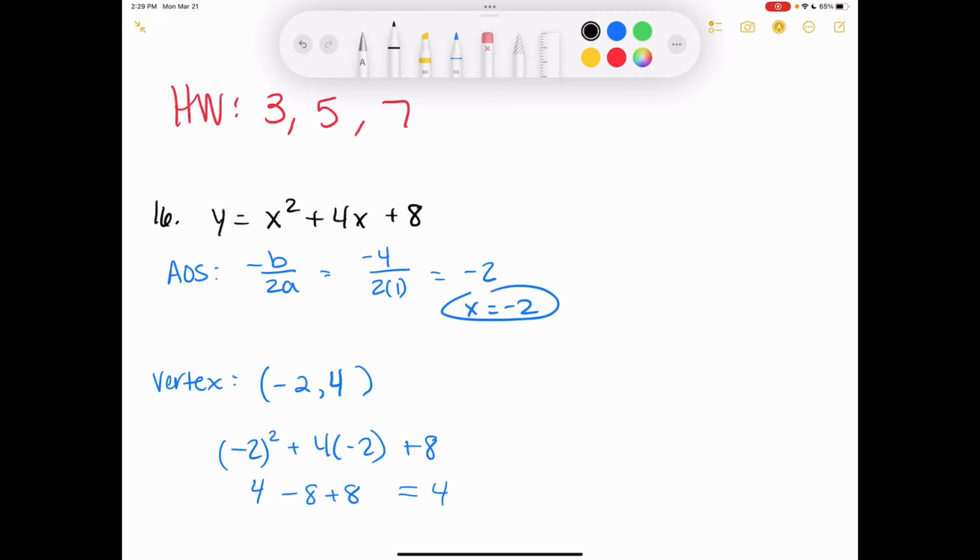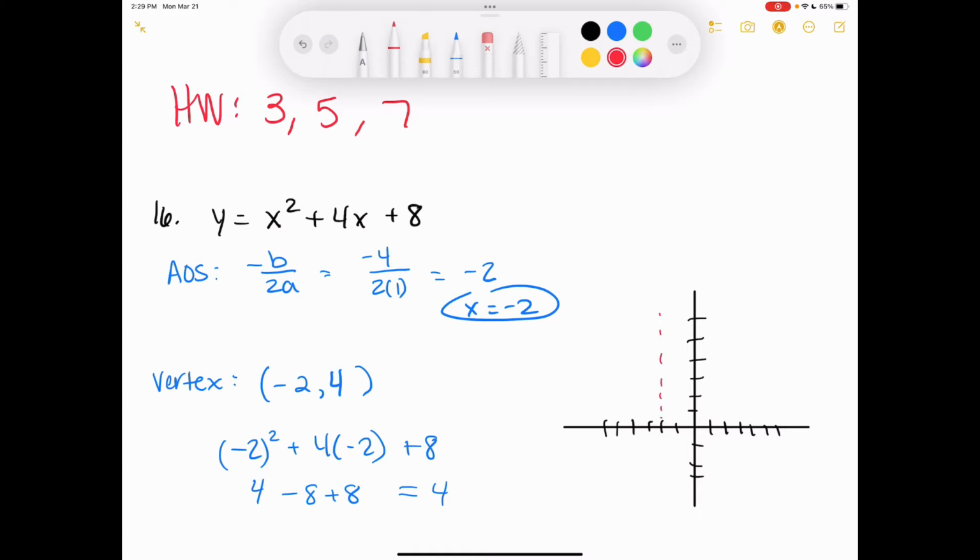So now I'm going to set up my graph. My axis of symmetry is at x is equal to negative 2.